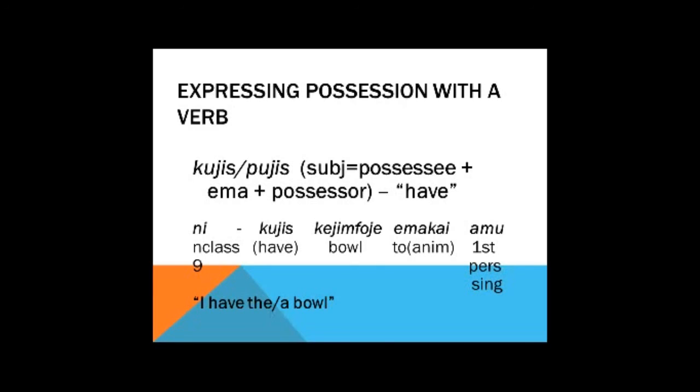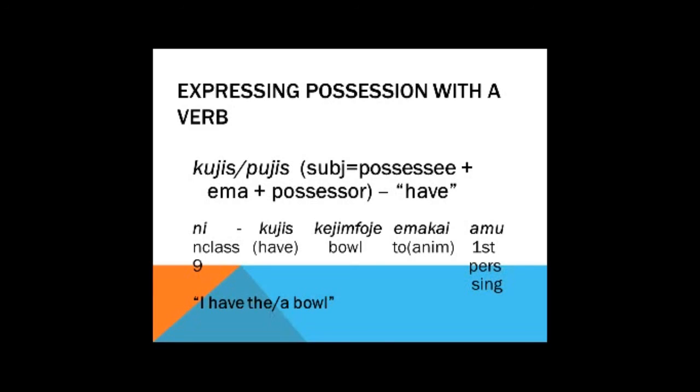So let's just have a look at this construction here. So we're saying I have a bowl. So you've got nikuyis kayim foyeyema kayamu. So the verb has a subject which is the bowl. So the bowl is what's actually being to me. So it's the subject of the verb, and the prefix will be noun class 9 to which bowl belongs.